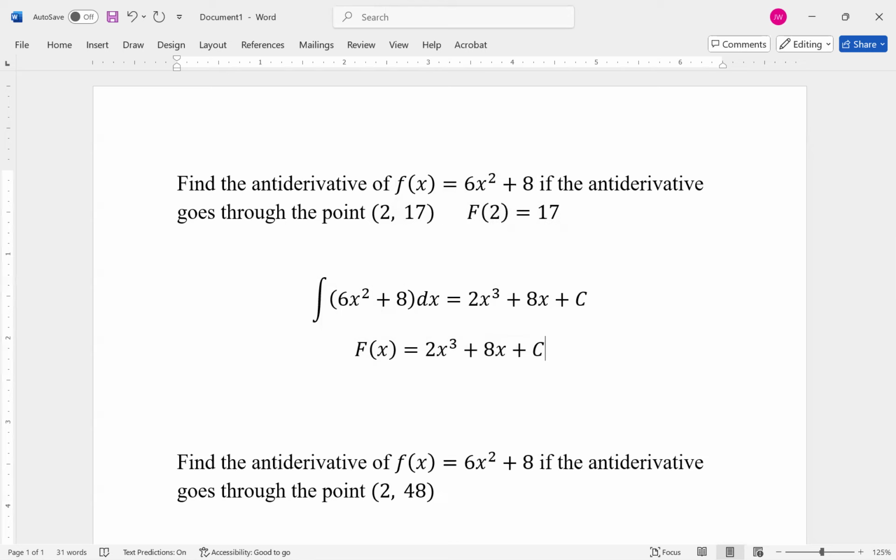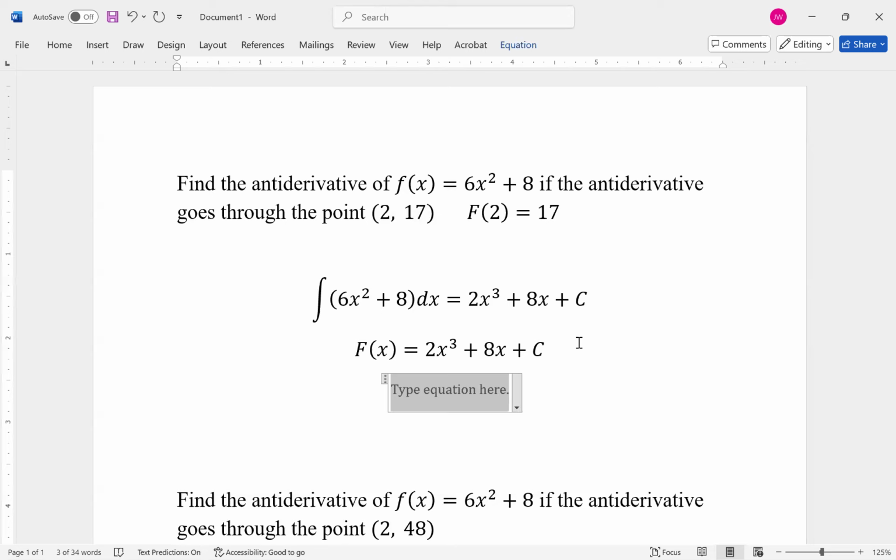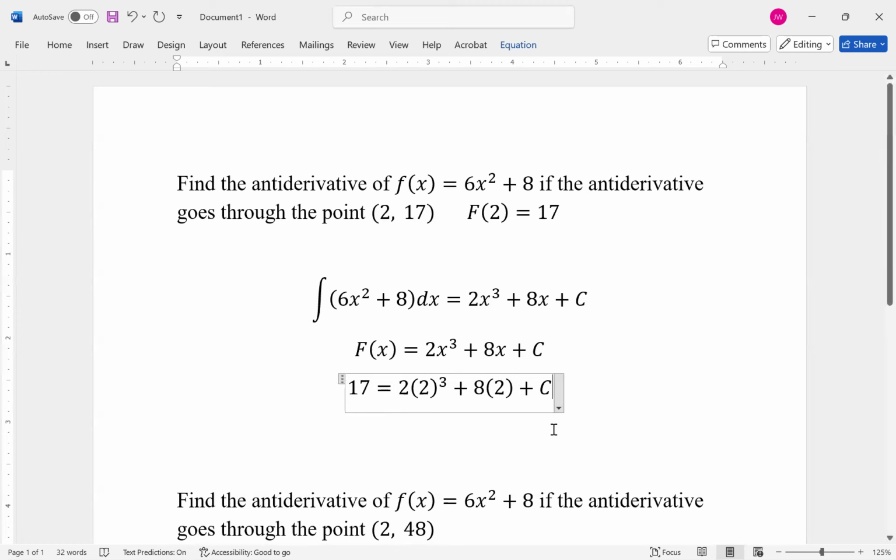So that's what I do. The output is going to be 17 when I plug in a 2. So I plug in a 2 for x, and I get out a 17. And this is going to give me an equation that I can easily solve for c.